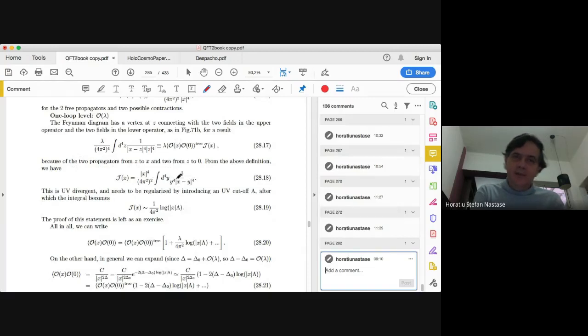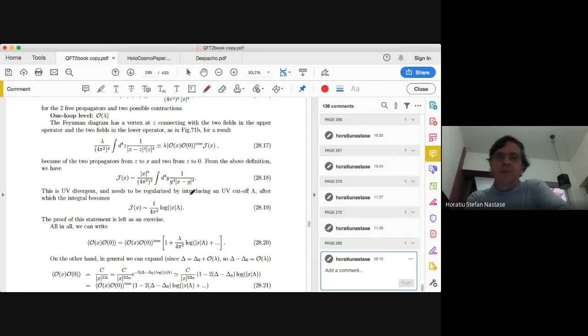It is divergent when, for instance, y is equal to 0, then I have the integral d4y over y to the 4. That's divergent, in particular log divergent. And also when y is equal to x, you can think of this as the integral d4y minus x over y minus x to the 4. So it's also log divergent.